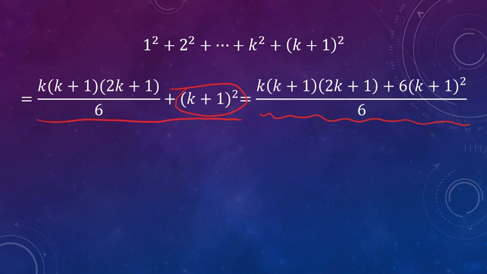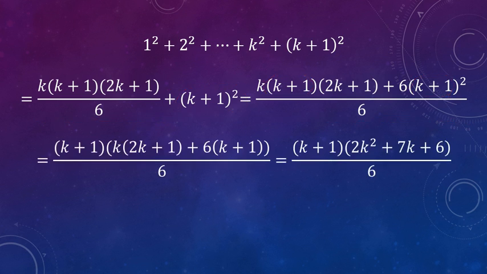Now, this first term up top has a factor of k plus 1. The second term on top actually has 2 factors of k plus 1. So what I can do is pull a common factor of k plus 1 out of each term on the top. And what that leaves me with is this first part right here. That k plus 1 times, and this is all one quantity, k times 2k plus 1 plus 6 times k plus 1.